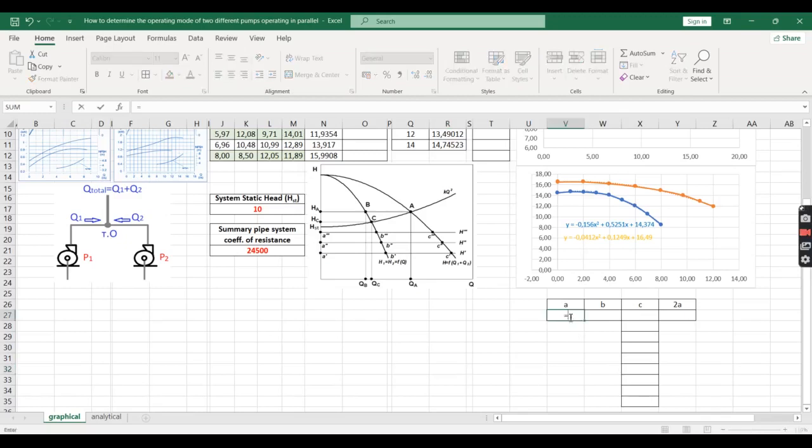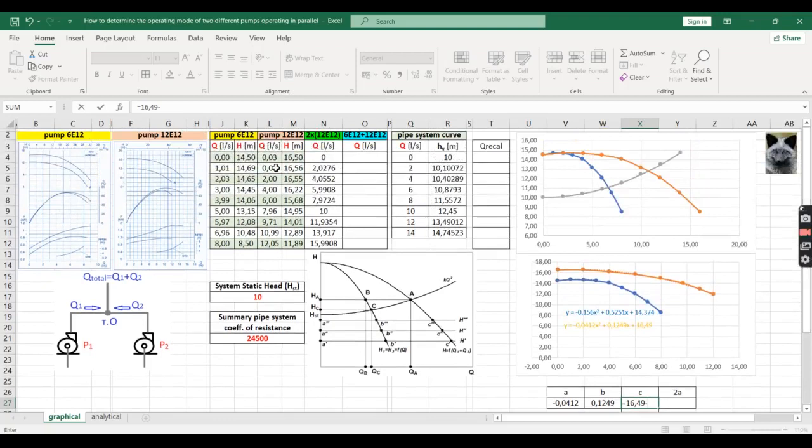For A, it will be the same like the coefficients in this equation. So it is minus 0.0412. Then we move forward to B. It is 0.1249. Okay, now about C, it will be 16.49, which comes from the equation, and minus the relevant value of the head.